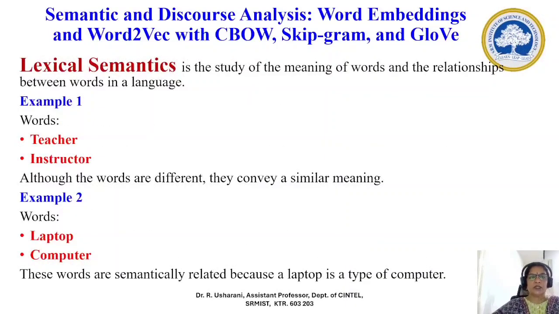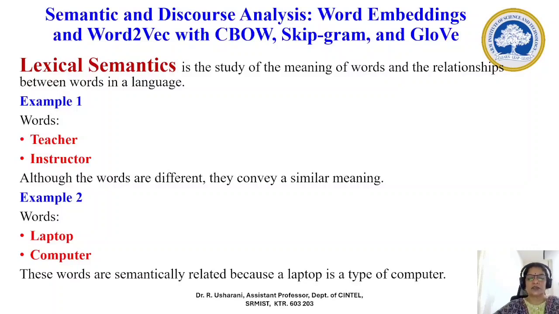Let us start with the lexical semantics concept. It is the study of the meaning of words and the relationship between words in a language. Consider an example, the words teacher and instructor. Although the words are different, they convey a similar meaning. Similarly, we can consider another two words, laptop and computer.